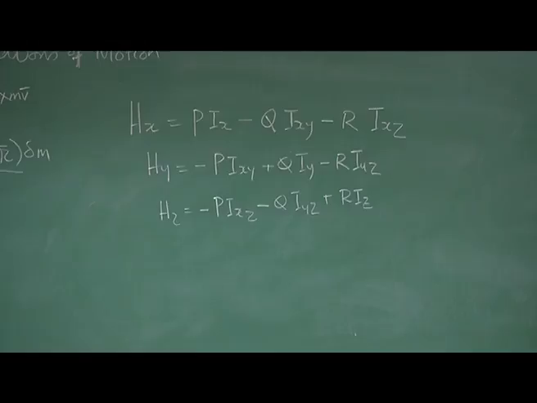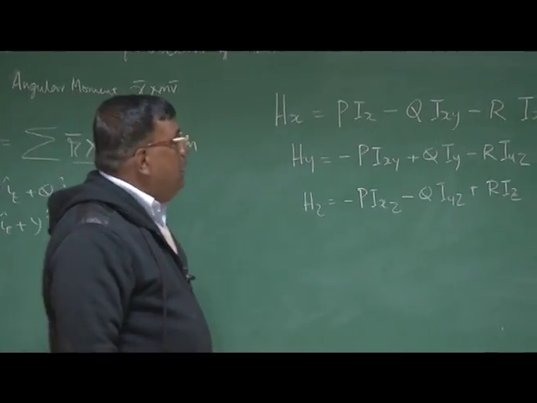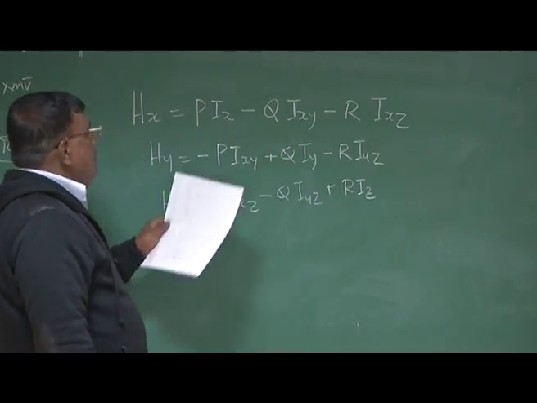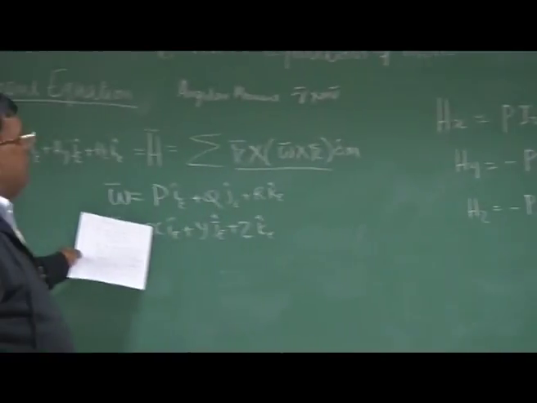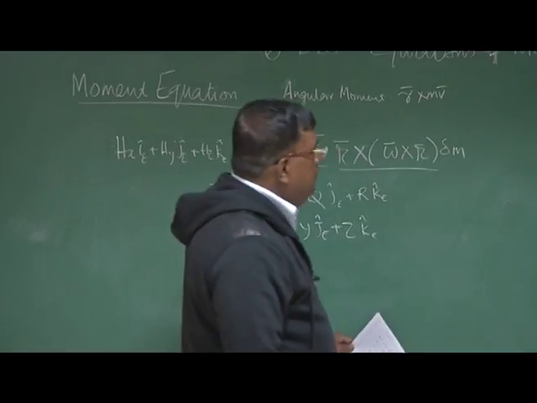And you know what Ix is: Ix is the moment of inertia about the x-axis. Ixy and so on are cross moments of inertia, and you should be able to easily derive this using these two pieces of information. I leave it to you at this stage.